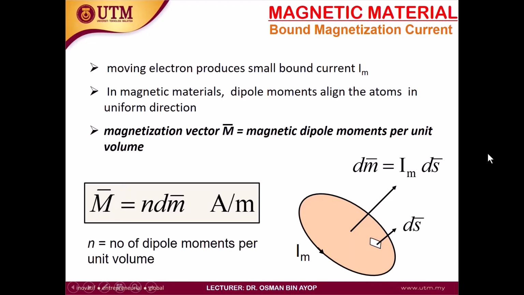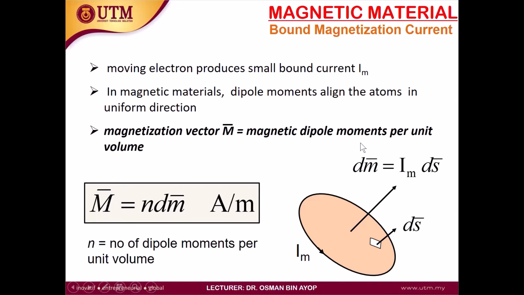What happens is that the moving electron produces a small bound current, which we label as Im. In magnetic material, dipole moments align the atoms in uniform directions. Then we can define the magnetization vector M as the magnetic dipole moment per unit volume.